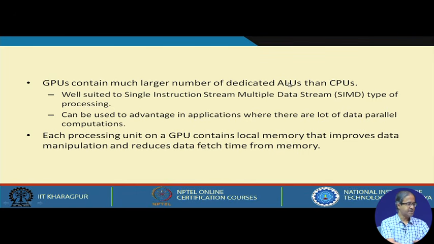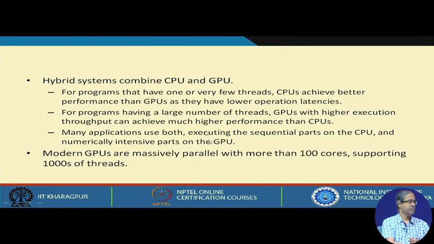And not only these ALUs, each such processing unit also contains some small local memory, so that some local data can be loaded and processing can be carried out parallelly on all the processing units. And here of course, there has to be a more sophisticated load store unit. So, from the memory you may have to load a vector or array of data. Similarly, you may have to store a vector or array of data. Okay? Fine.